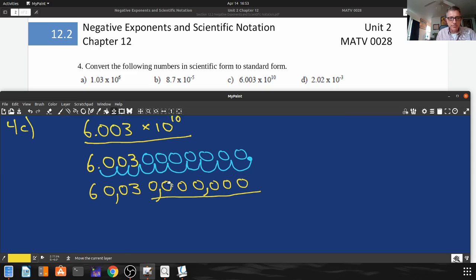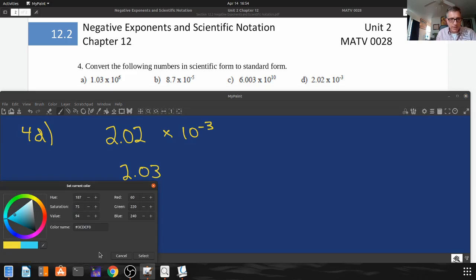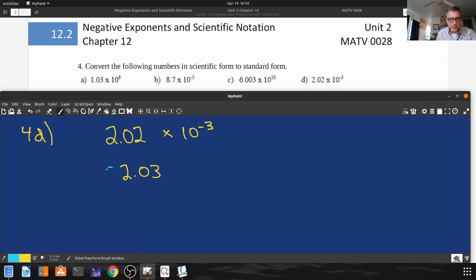One last one. And this is 4D. So 2.02. Remember, this is our D value. It's always going to be greater than 1 but less than 10, times 10 to the minus 3. So since that's a negative, I'm going to take my original and I'm going to add my zero space on the left. 1, 2, 3.